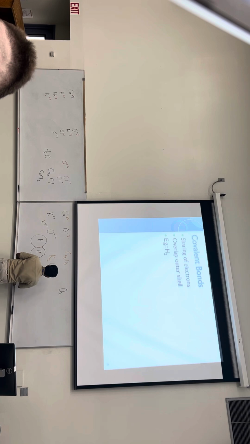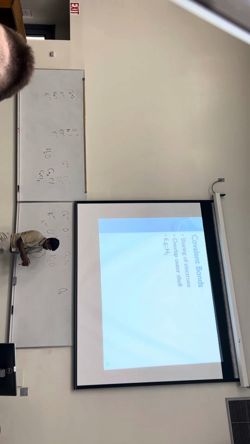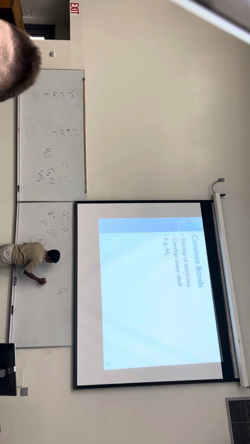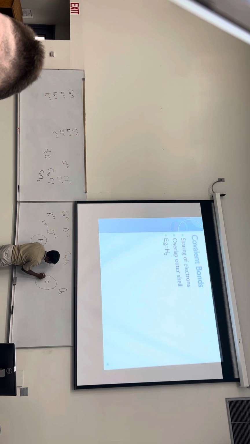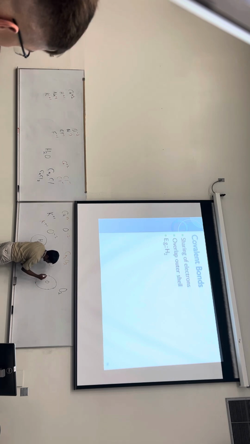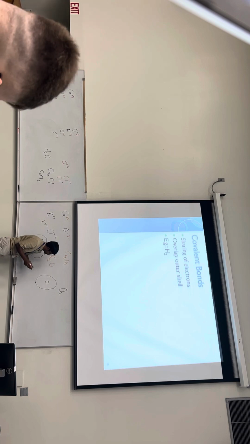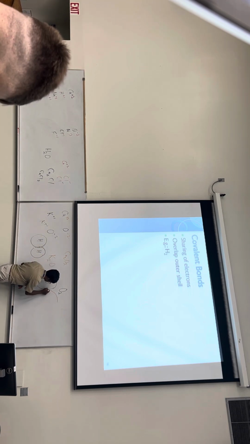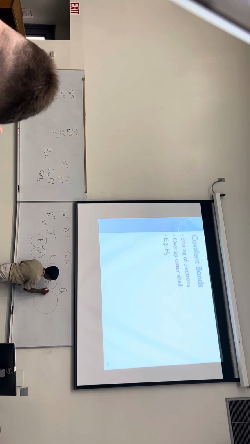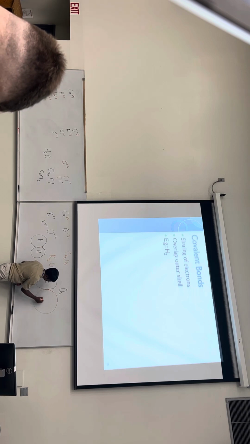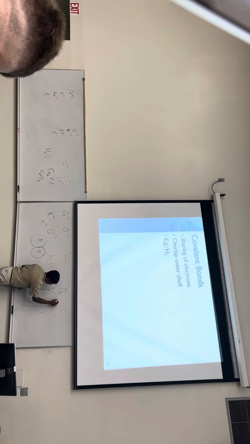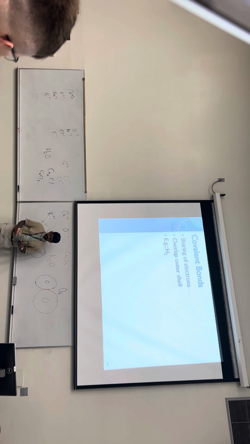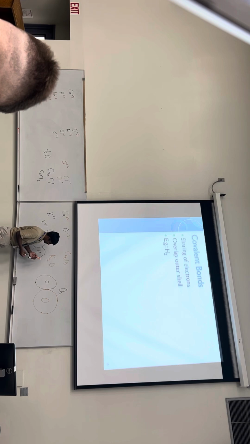Again, I'm only drawing the outermost shell. There is an inner shell for oxygen, and I'm not drawing what's in the nucleus. That's the total 6 electrons in the outermost shell. Is that how you get a double bond?